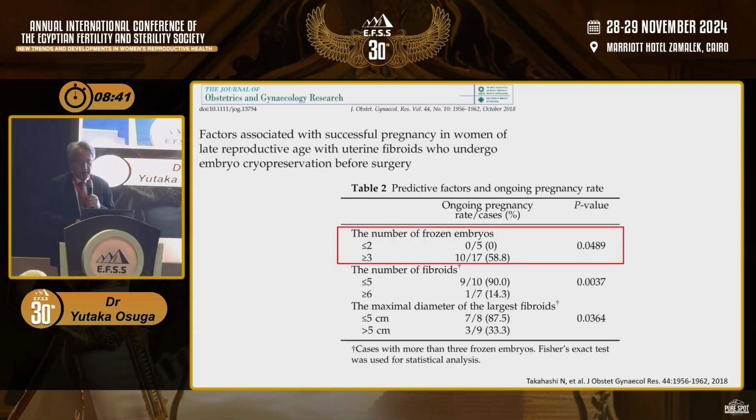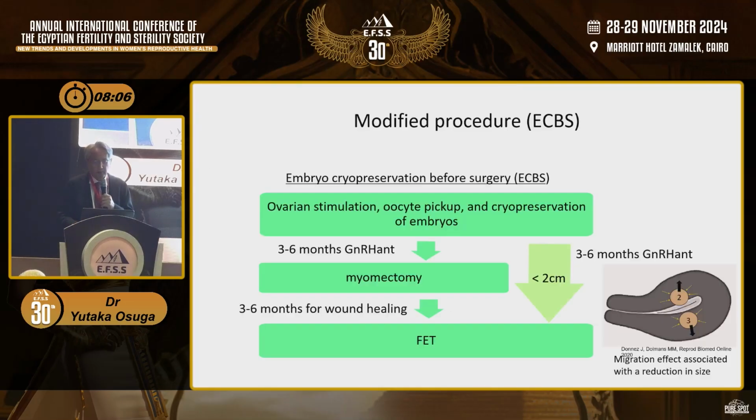In our initial trial of this procedure, we found that no patients got pregnant when the number of frozen embryos was two or less, while around 60% of patients got pregnant when the number of frozen embryos was three or more. Of course, it depends on age, but we usually try to get three or more embryos frozen before proceeding to myomectomy.